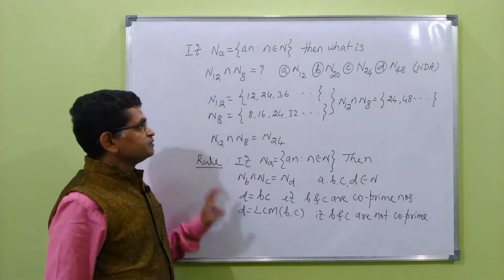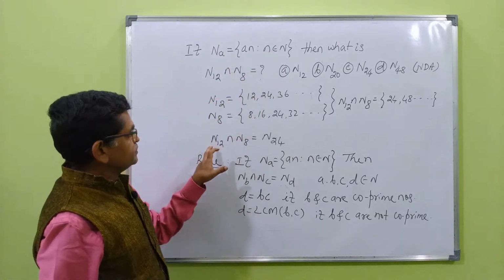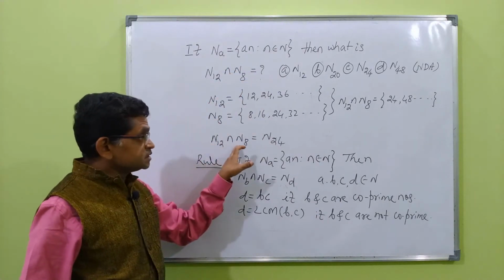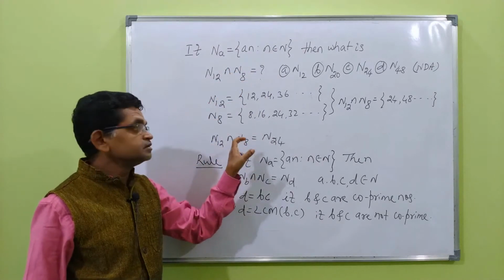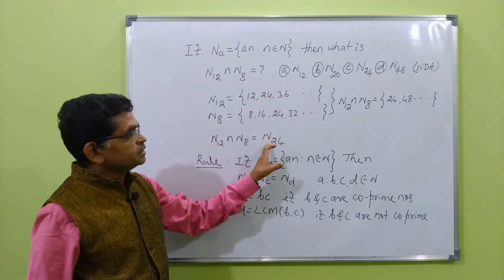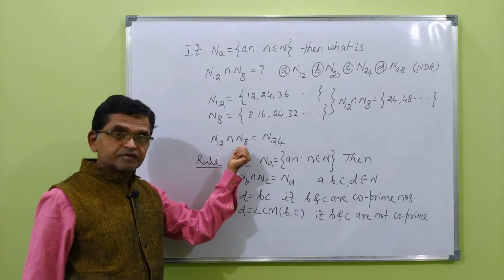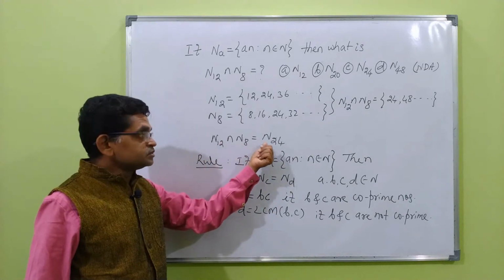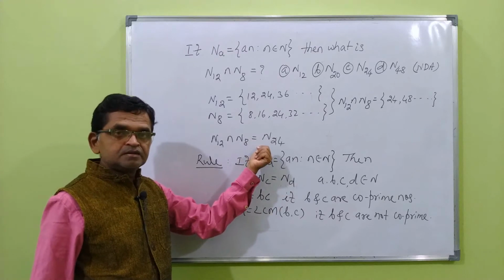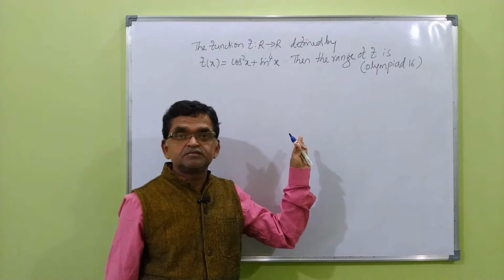Okay. If suppose for the same condition N_7 intersection N_11, then answer will be N_77. N_3 intersection N_5 is equal to N_15. Okay.